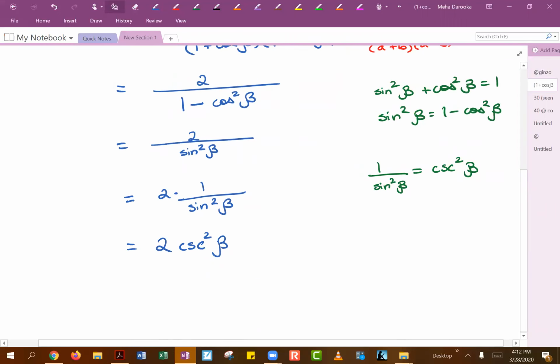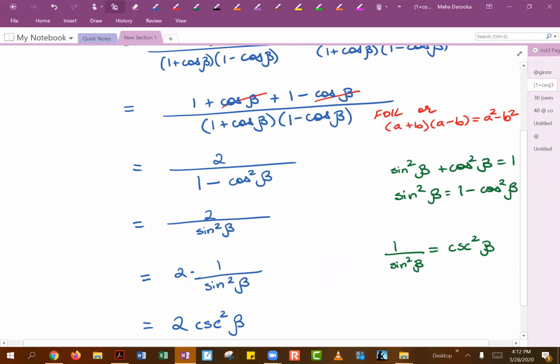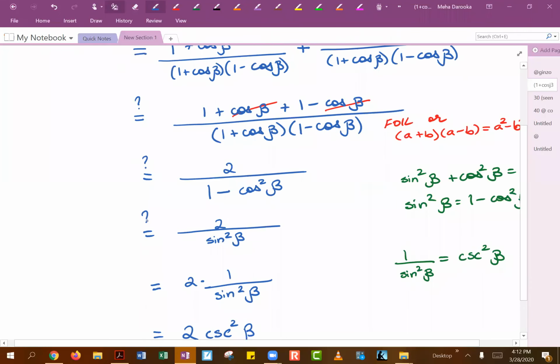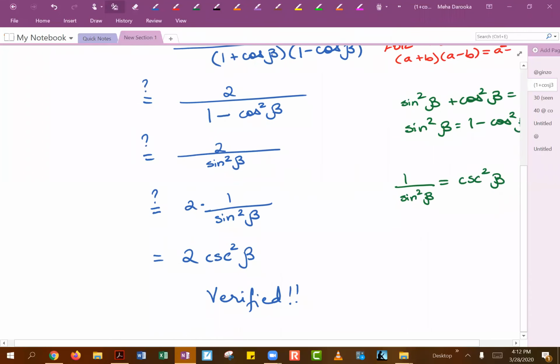And so now we can say this has been verified. And again, remember, we're not entirely sure that these guys are equal, so you can always put these little question marks till you are 100% certain that you have verified your identity.